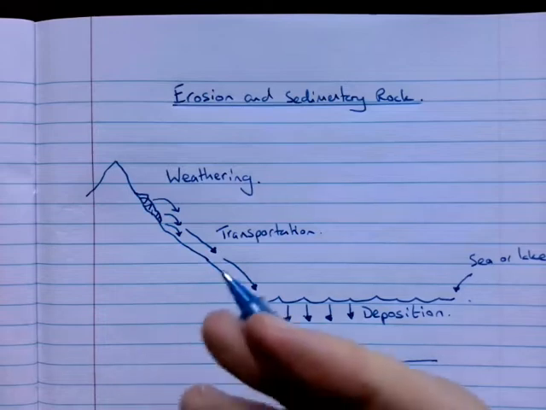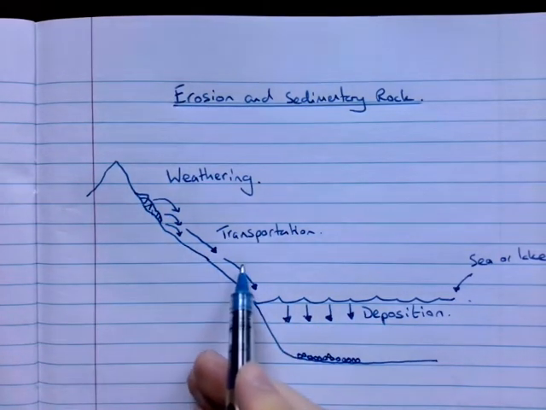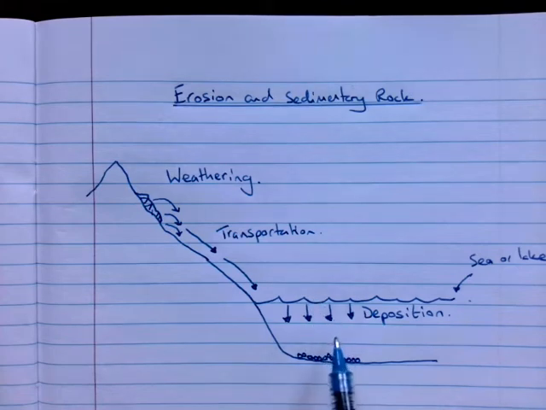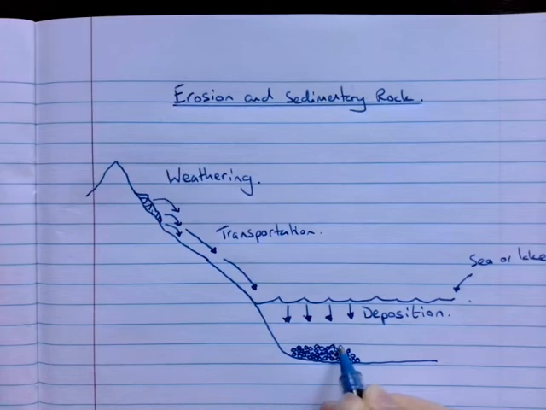And then over time, more and more rock will be weathered, and more rock will be transported, and more rock will be deposited. And so you have, over time, this process of building up layers. We're constantly building up layers of these small bits of rock.